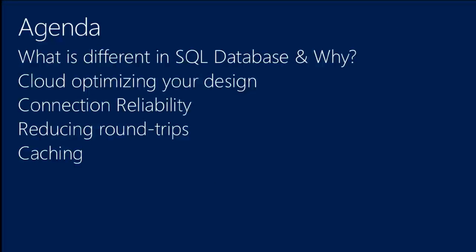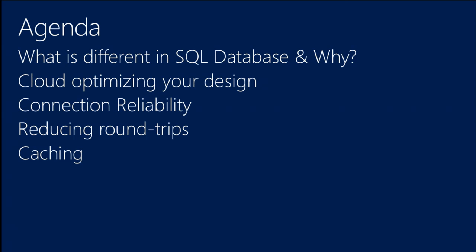So the agenda for this session: I'm going to show you conceptually the differences between the different offerings that we have for SQL Server. This is the background information to get your mind set up for why we actually look into doing things slightly differently in the cloud. Then we're going to look at how to cloud optimize your design, at a slightly higher level, looking at what approaches you should take and what things you should think about.